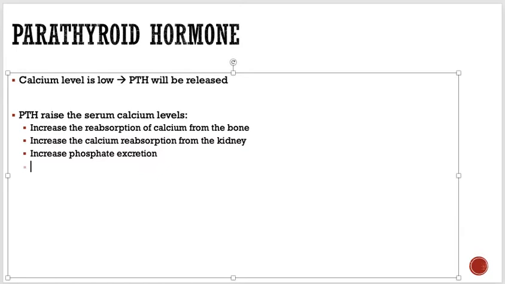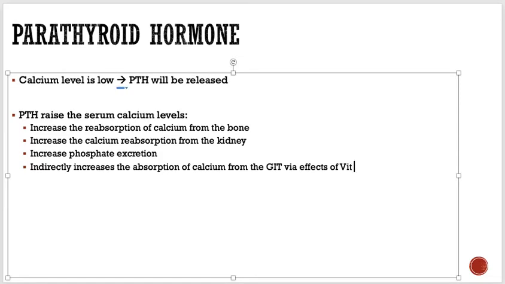And one of the things is not direct, but indirect. Indirectly, it increases the absorption of calcium from the gut, or the GIT, via the effects of vitamin D. Okay, so I think now you understand.